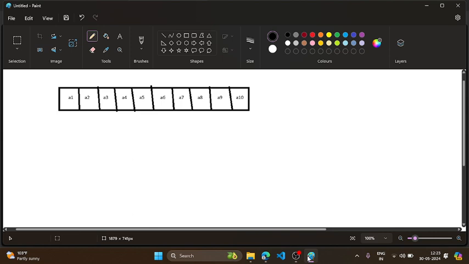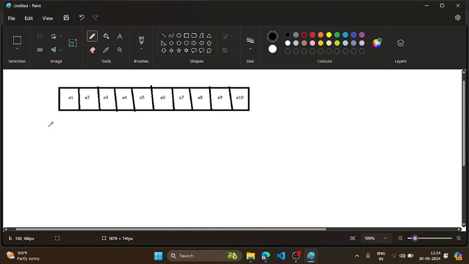Let us suppose this is our array where A1, A2, A3 up to A10 are the elements of the array. Now the question said we have to select three indexes i, j, k such that the XOR of all the elements from i to j minus 1 should be equal to the XOR of all the elements from j to k.